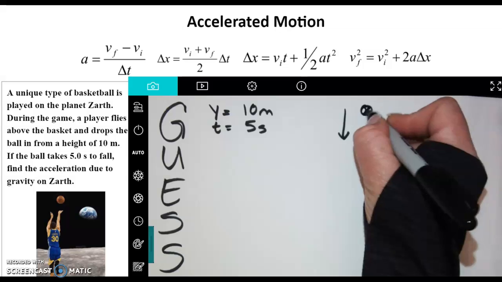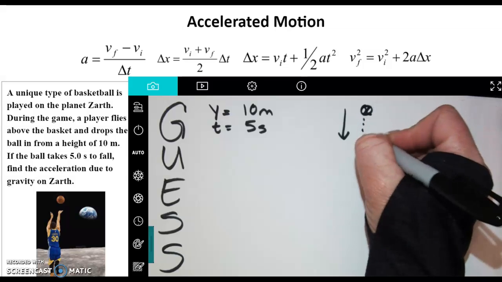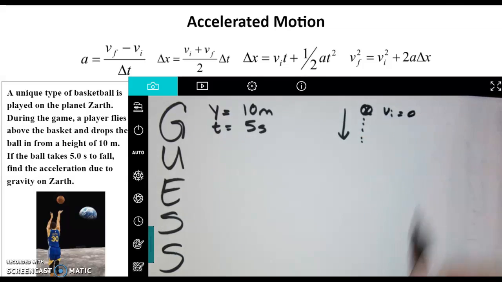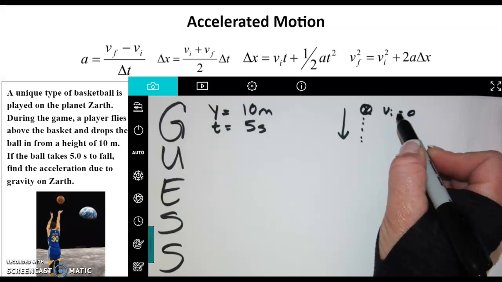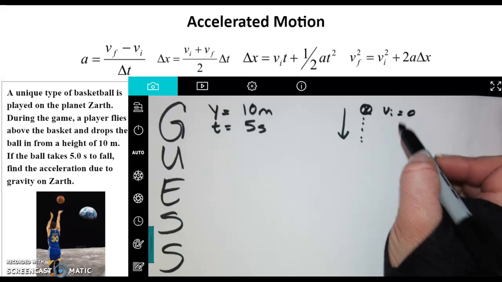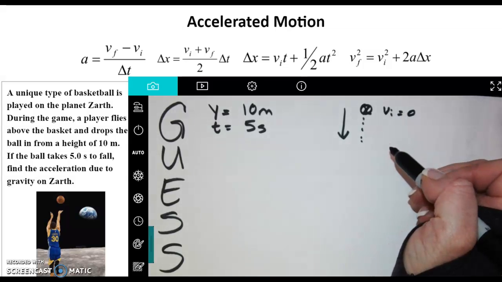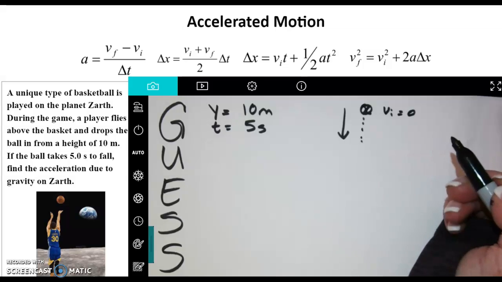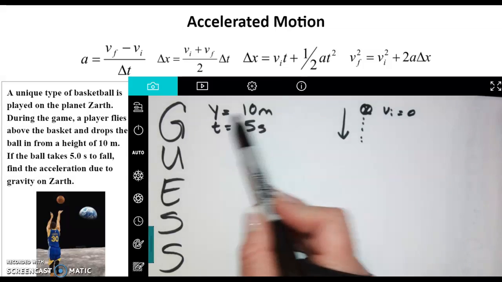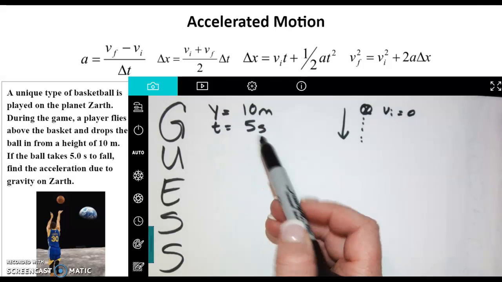Anything that's being dropped in that y direction, like your basketball, has an initial velocity of 0. Just that moment right before it's dropped, the initial velocity has to be 0. After that moment, it's going to accelerate due to the gravity on planet Zarth. So our initial velocity is 0, our height is 10, and our time is 5.